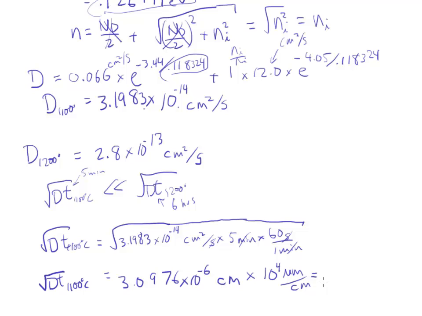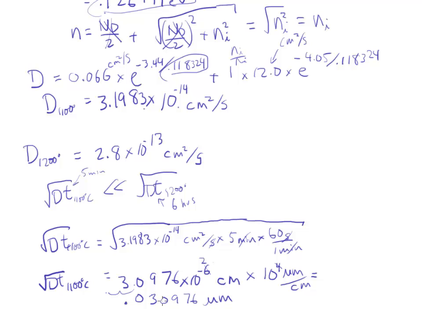If I multiply by 10 to the 4th, I can just add 4 to the exponent, so that's 10 to the minus 2, or as it's written in the book, move the decimal place over 2 places, so it's 0.0300976 microns.